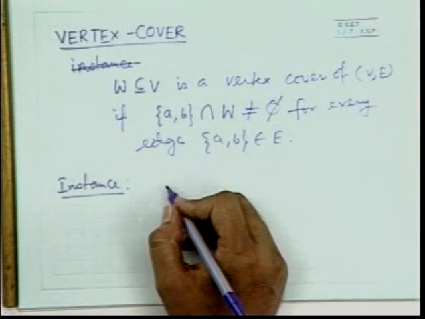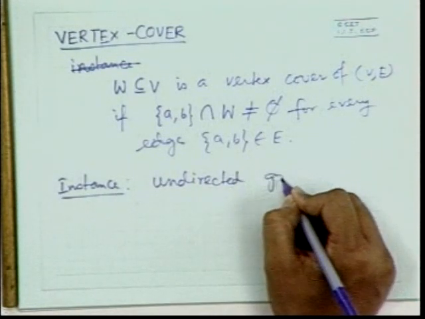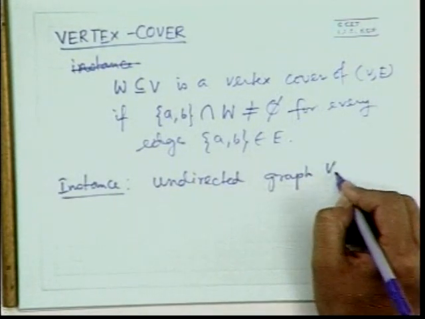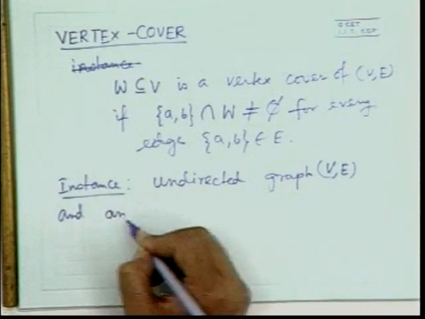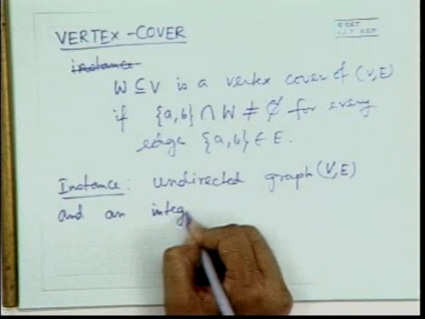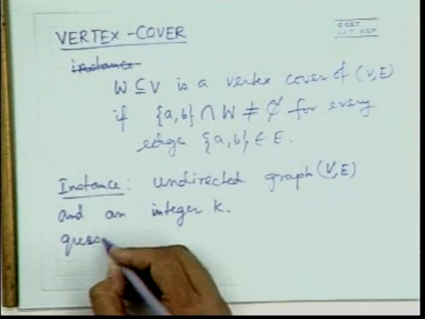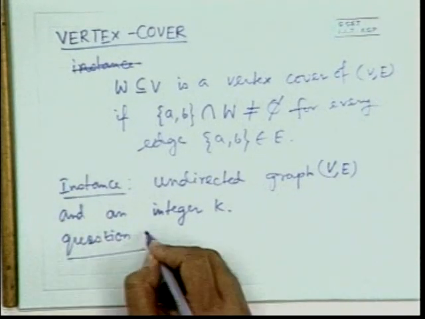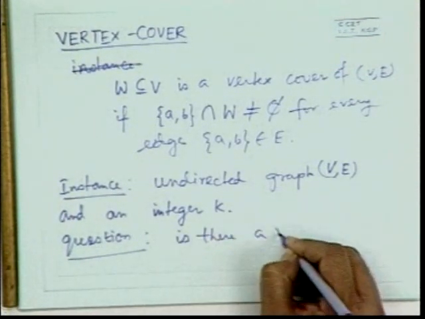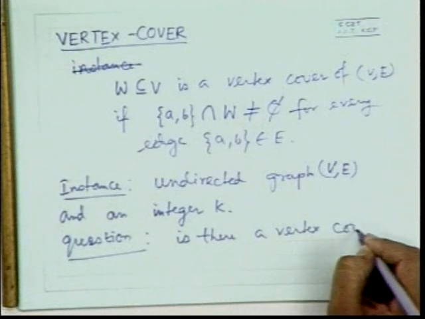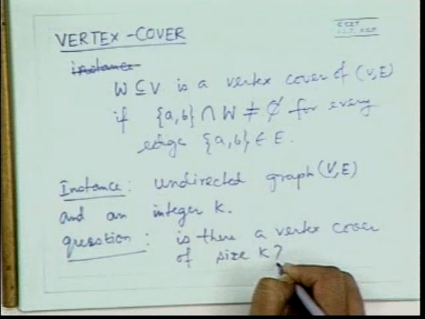The instance of the problem is this. Given the undirected graph again, G = (V, E), and an integer K, the question is, is there a vertex cover of size K?